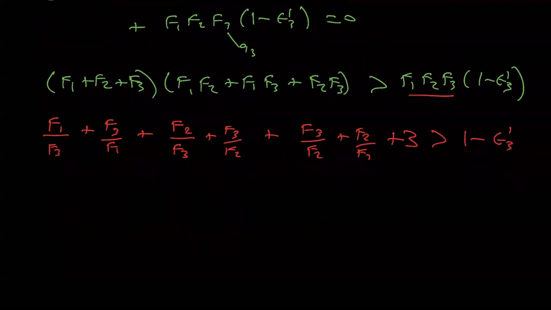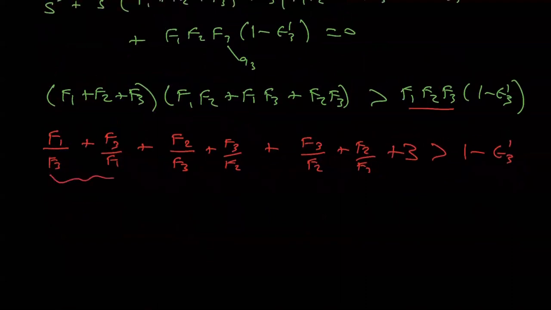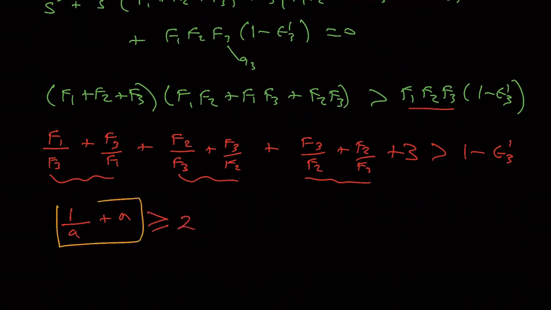Okay. Now, what's interesting about these terms here is that each is the inverse of the other. And it's known that if you have the reciprocal of a number plus the number, it is always greater than or equal to 2. So this basically matches that pattern.